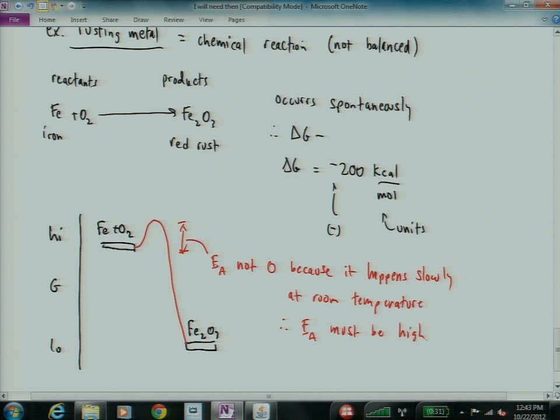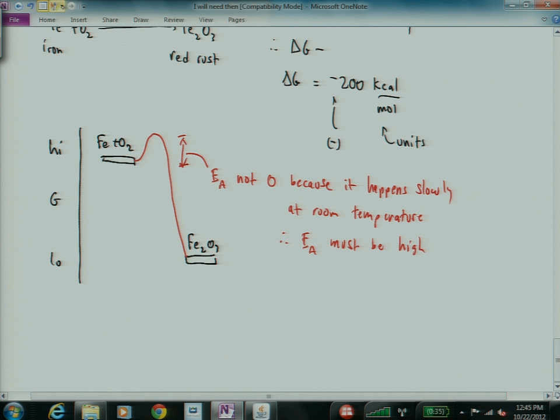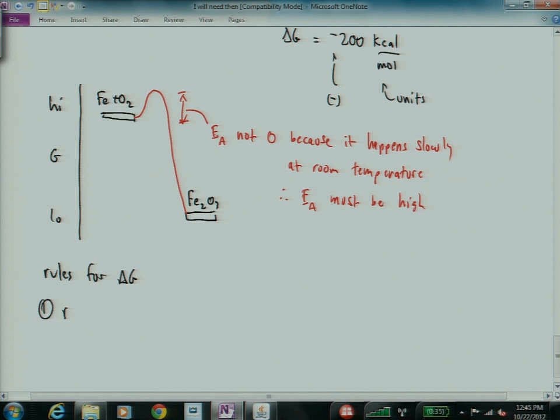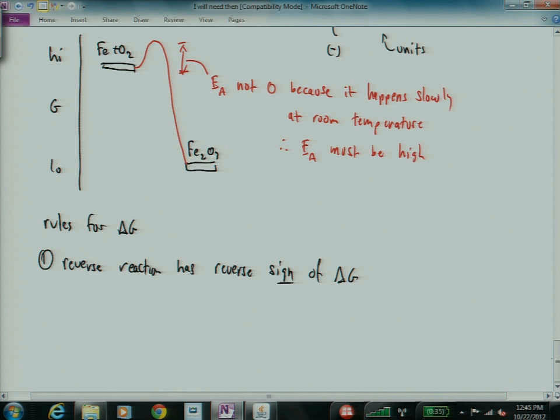All right, let me add one last wrinkle, and then we'll call it a day. So there's a couple rules for delta G. One is that the reverse reaction has the reverse sign of delta G. So Fe2O3 going into Fe and oxygen, the delta G is positive 200 kcal per mole.